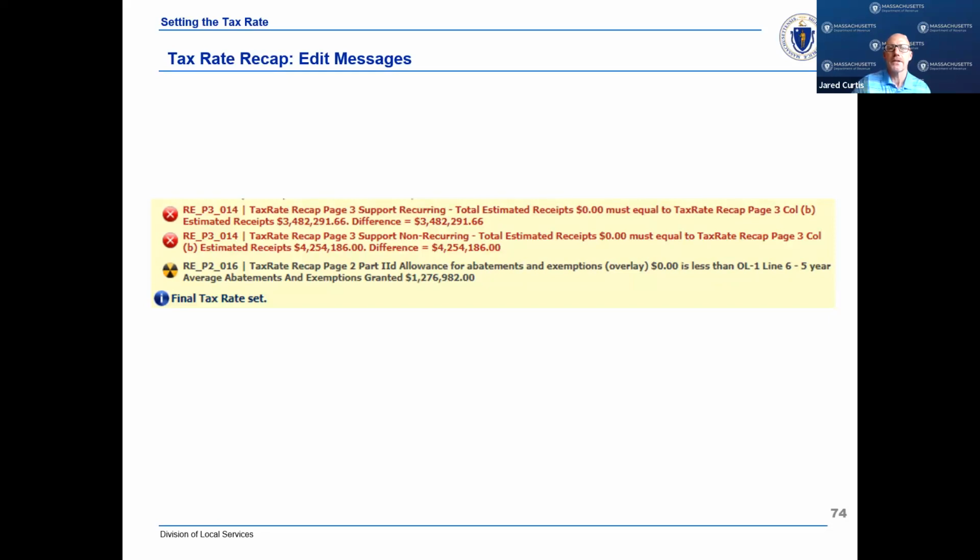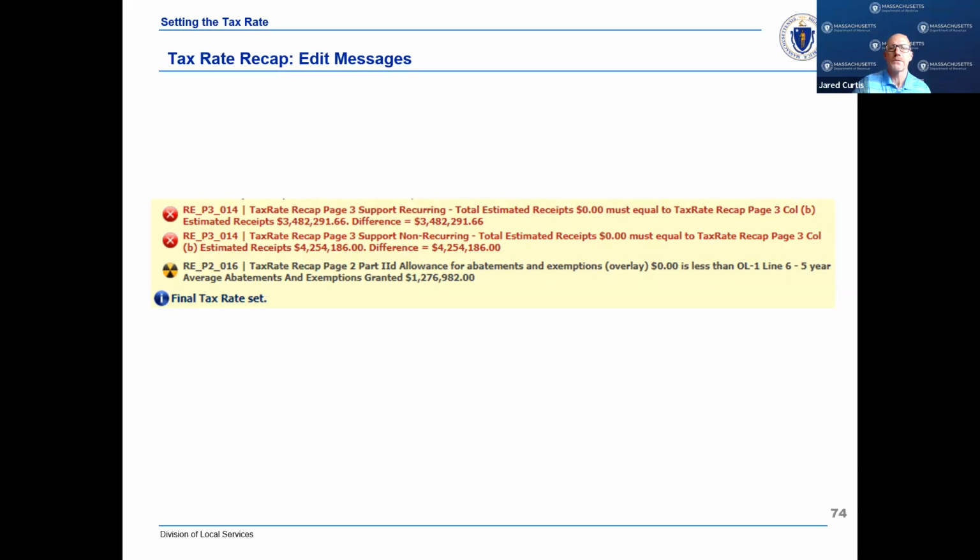An error message appears as a red circle with an X. When an error message is triggered, the tax rate and associated form cannot be submitted. Action is required by the local official to complete or update a form prior to tax rate submittal. The most common error messages are triggered when a form such as the levy limit sheet has not been completed and the local official tries to submit the tax rate recap.